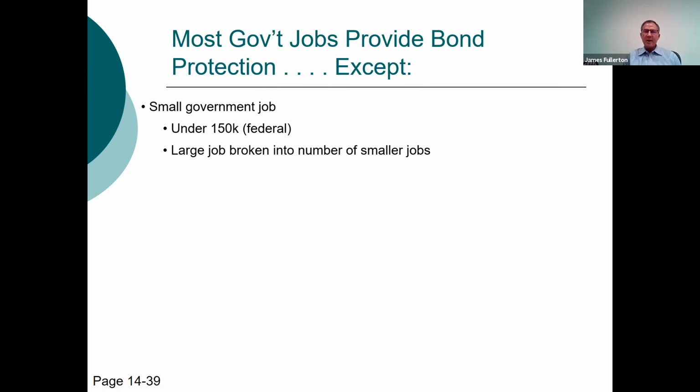They thought they were helping the public by breaking a large job into several $300,000 jobs. So there was no bond, and the taxpayer did not have to pay for bond premiums, but it left all the claimants unsecured, which creates a different problem.